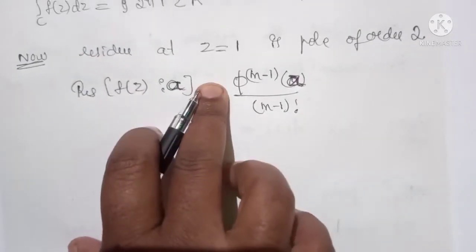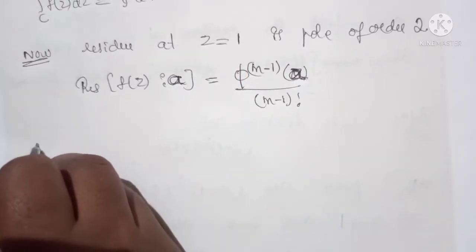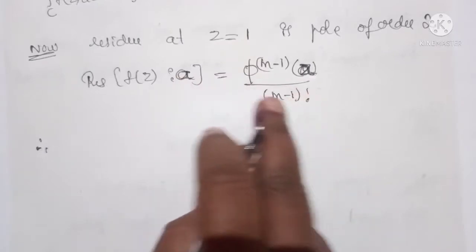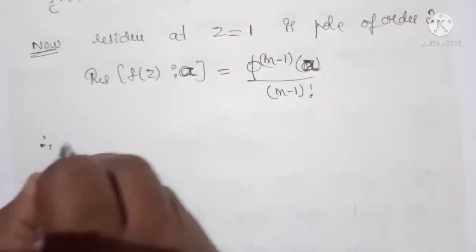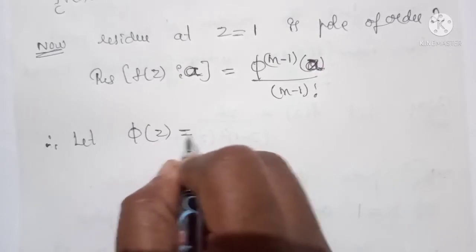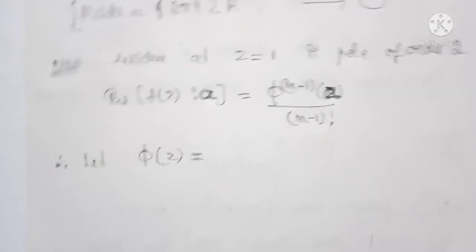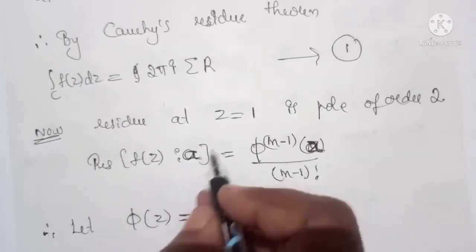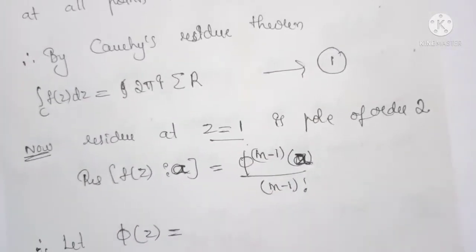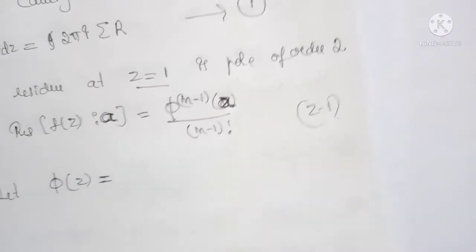Now we need to find it at z equals 1. So for the residue at z equals 1, we should take phi. Let phi of z equal, so you can observe the problem, here we are finding it at z equals 1. So except (z minus 1), the remaining terms we take as phi of z.